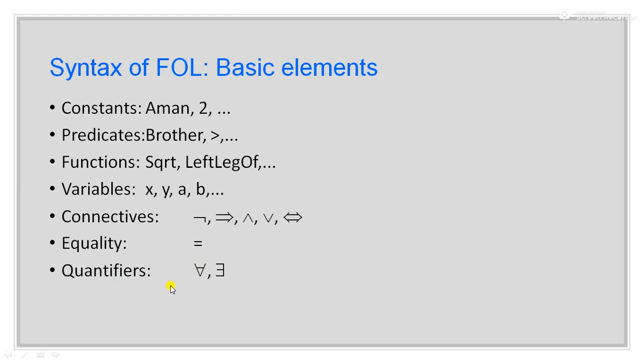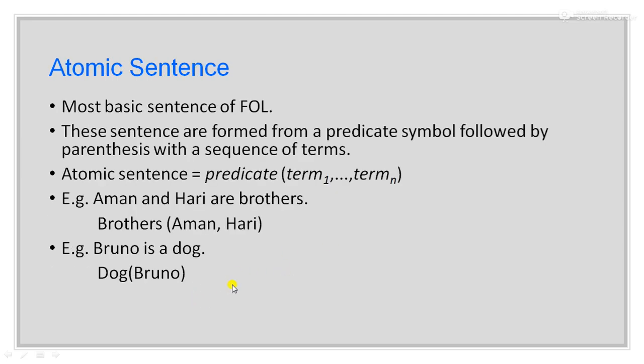Then atomic statements. These are the most basic sentences of first order logic. These sentences are formed from predicate symbols followed by parentheses with a sequence of terms. Basically, for whatever sentence is given to us, we try to identify the predicate.